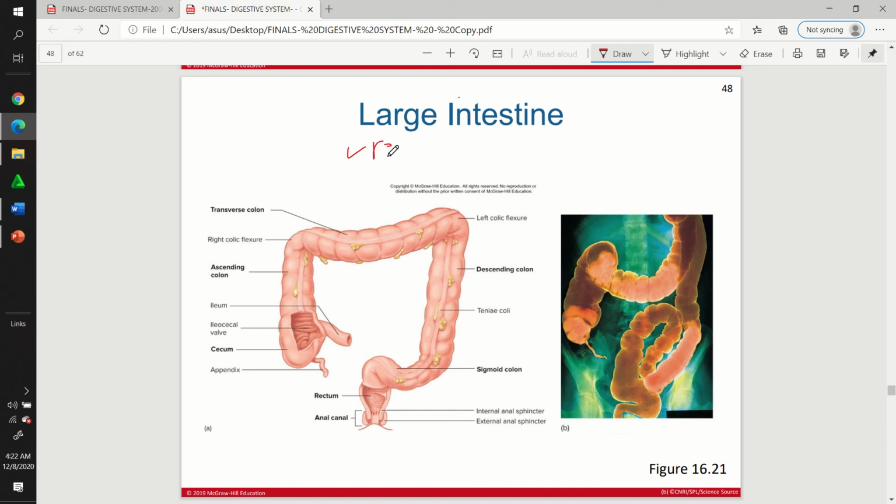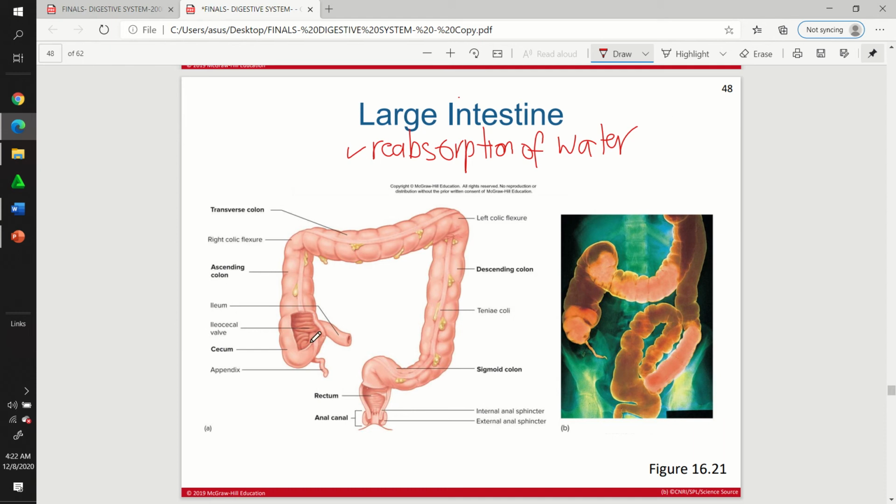Its function is obviously reabsorption of your water, secreting your mucus, and eliminating waste. The large intestine extends from the ileocecal valve, the valve between the ileum of the small intestine and the first segment of your large intestine.